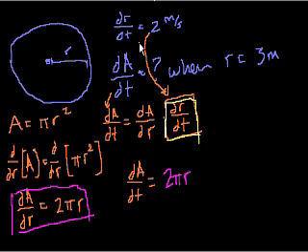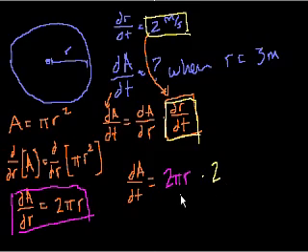That's just right here, 2 meters per second. We figured that out. So 2 pi r times 2, and I won't include the units because that might confuse you right now. So dA/dt is 2 pi r times 2.